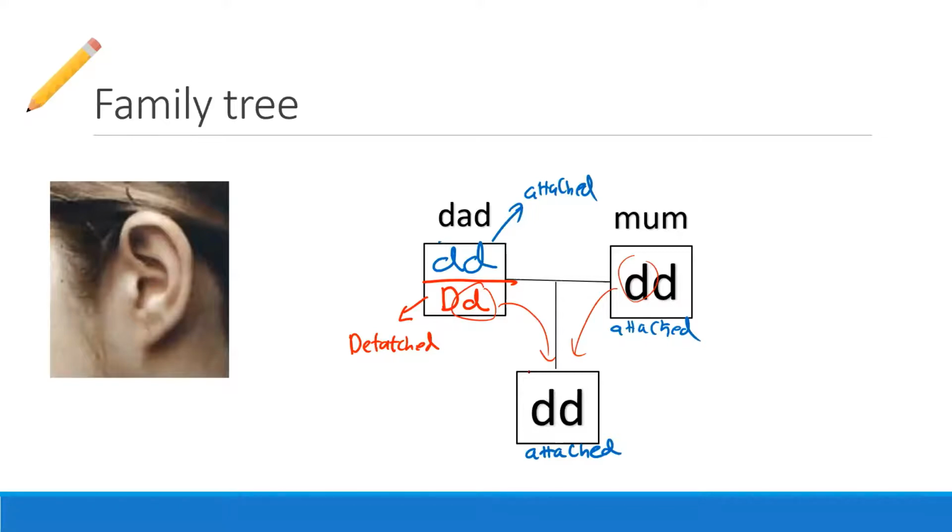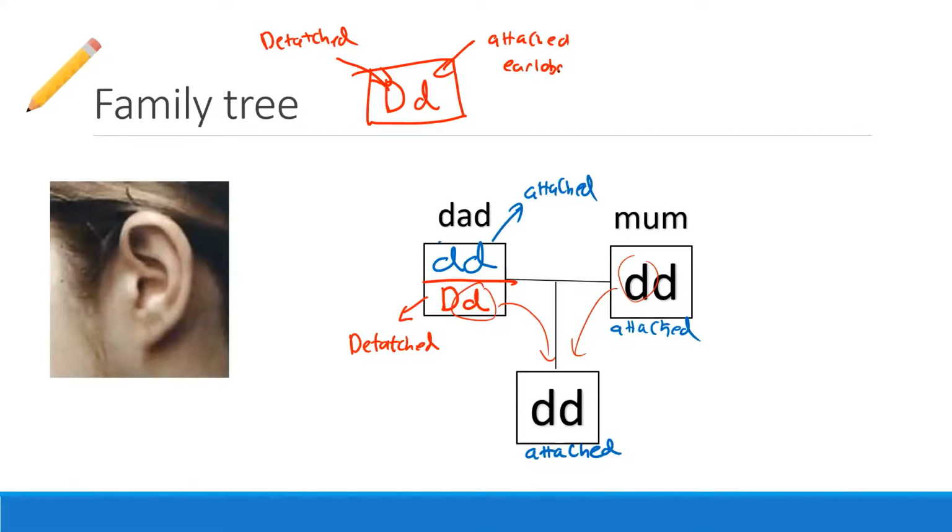Now, Brendan, to talk a little bit more about the difference between recessive and dominant: if the father has Dd, that means one gene on one chromosome codes for detached earlobes, and one gene on the other chromosome codes for attached earlobes.